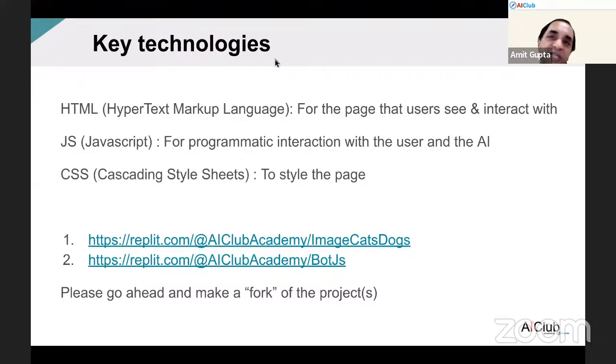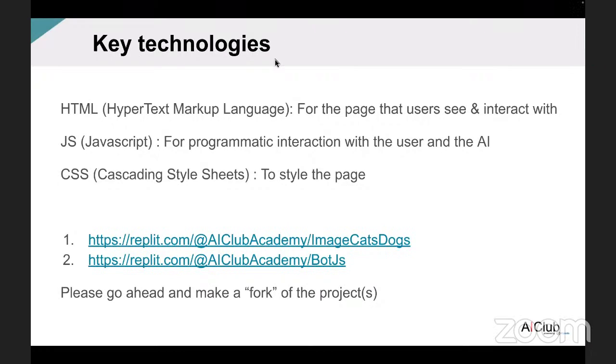Now, what is JavaScript? JavaScript is also a coding language. So what's the difference between HTML and JavaScript? When do you use HTML? When do you use JavaScript? I'm not entirely sure, but JavaScript is for logic. So let's go one by one.